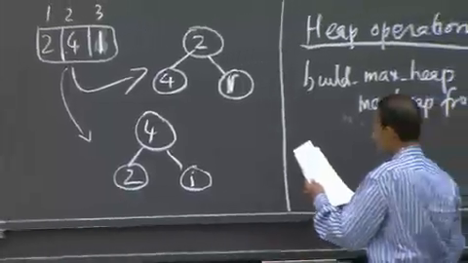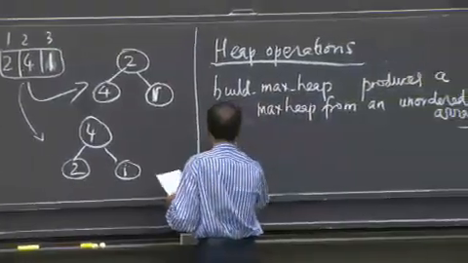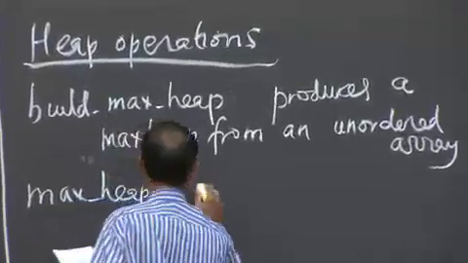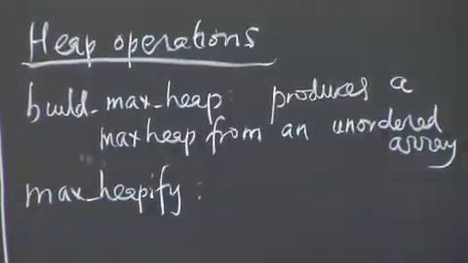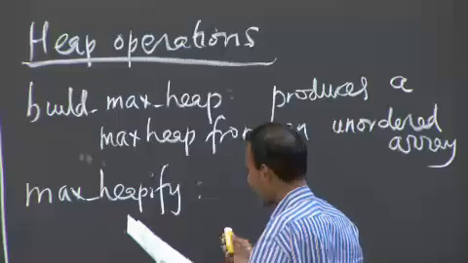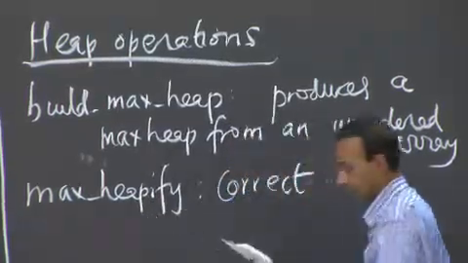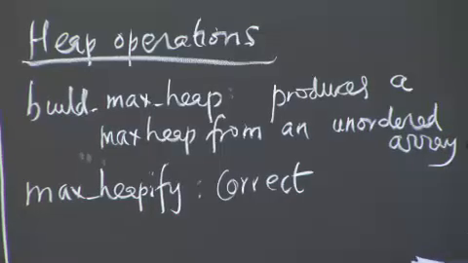In order to do build max heap, the first procedure that I'm going to describe to you is called max heapify. Sounds a little strange, but I guess you can ify pretty much anything.